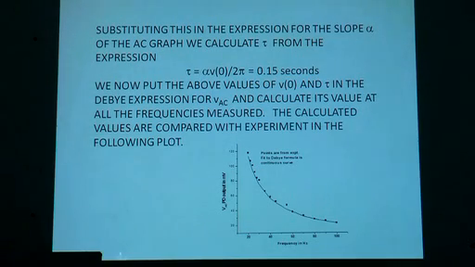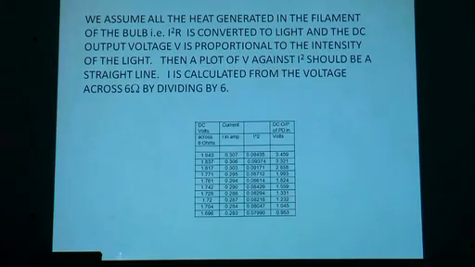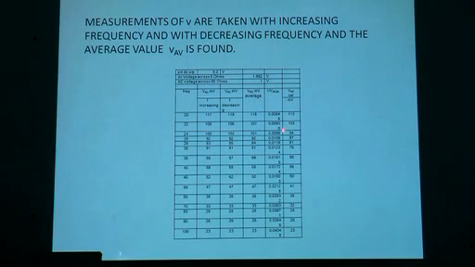I now use the Debye equation with V0 and tau, which I have found, to calculate what the output voltages would be according to the Debye equation at all these frequencies.